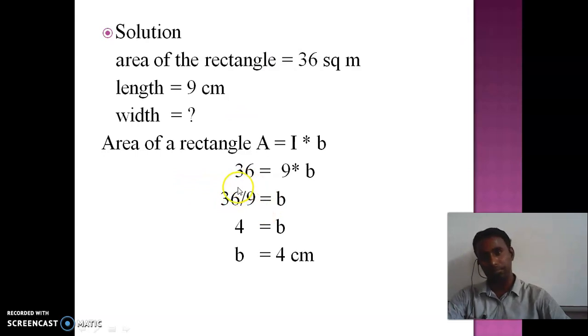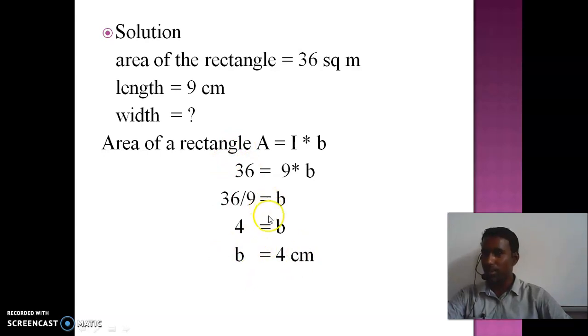Can you guess? Yes, 4. One 9 is 9 and four 9s are 36. So the value of B equals 4. That means we found the breadth value is 4.